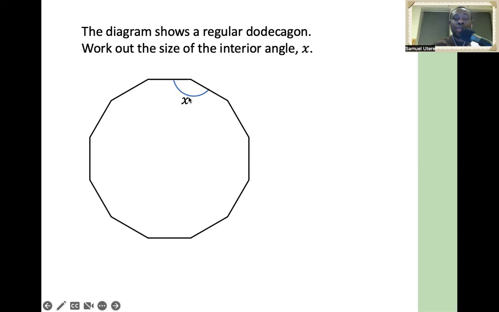But we do not know the angle of one of the angles. So if we know the sum of all the 12 angles, to find the angle of one, we just divide that by 12. So that is the method we'll use. And of course, we know how to find the sum of the interior angles of any polygon. So I want you to give this a try.